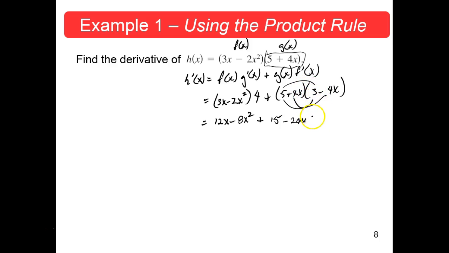Yeah, you're making fun of my writing. What does that give you? Plus 12x. And then last, minus 16x squared. Combine like terms, and what do you get?